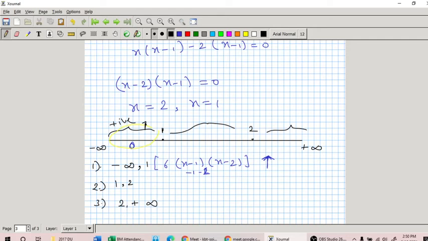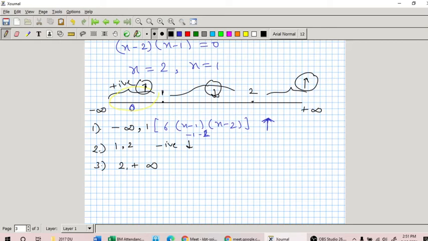When you put 1.5, you'll see that you get a negative value. Why negative? Because 1.5 gives positive 1 here, and negative 1 here, so positive multiplied by negative gives a negative value. It means it is decreasing. So at this level it is decreasing, and at this level it is increasing. So these are three different intervals at which your function behaves accordingly.